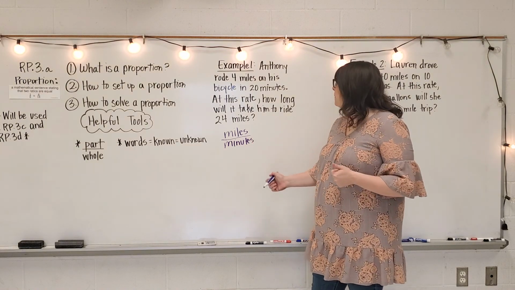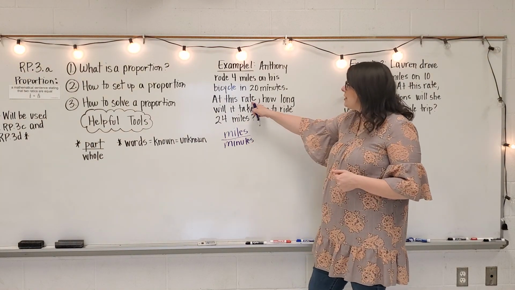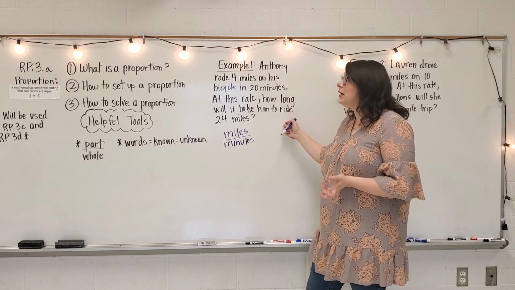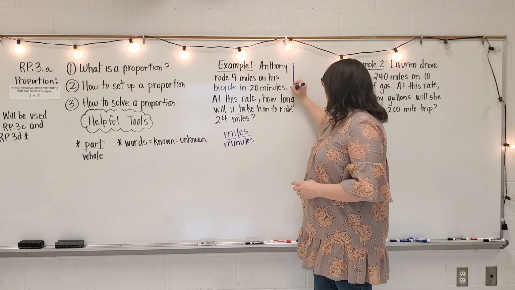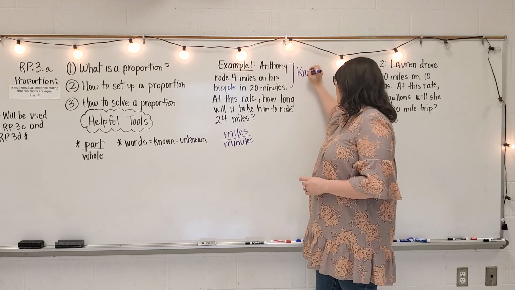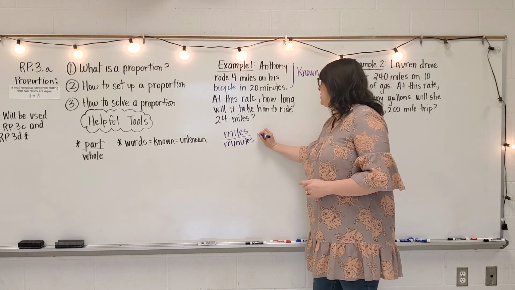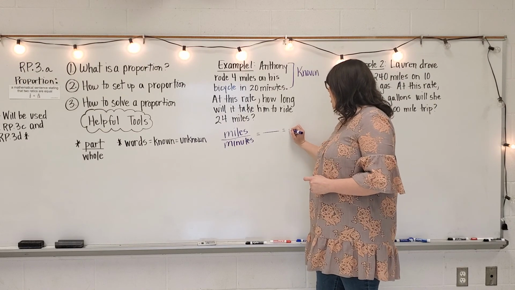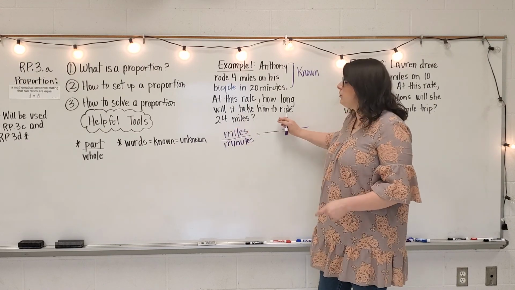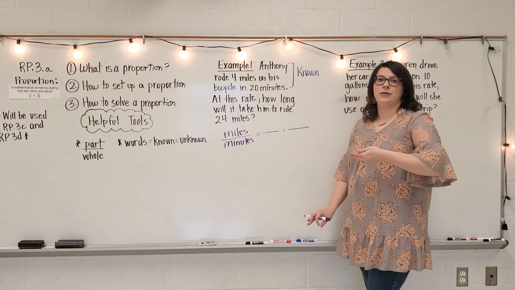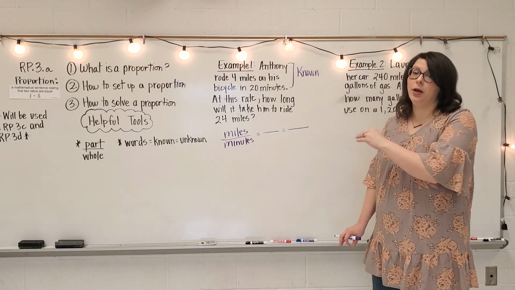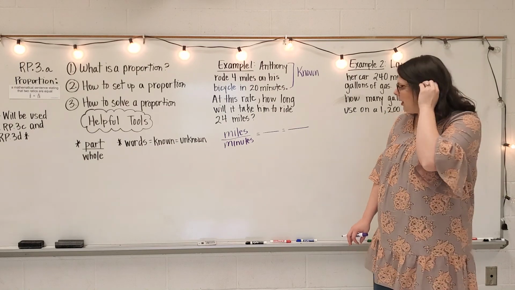So this is a rate, okay? It tells us that at this rate, then what will happen? This part is our known. So that's going to come next. And remember, our numerator has to be the same unit of measurement all the way through, and our denominator has to be the same unit of measurement all the way through the problem because of that order, okay?